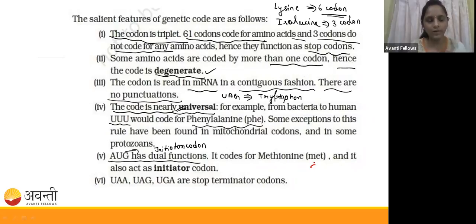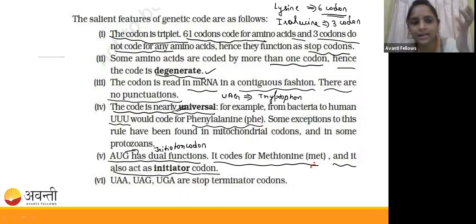The other function is that whenever methionine comes after the translation has started, AUG codes for the methionine amino acid, during the elongation. The first amino acid that comes during translation is methionine, the initiator amino acid.